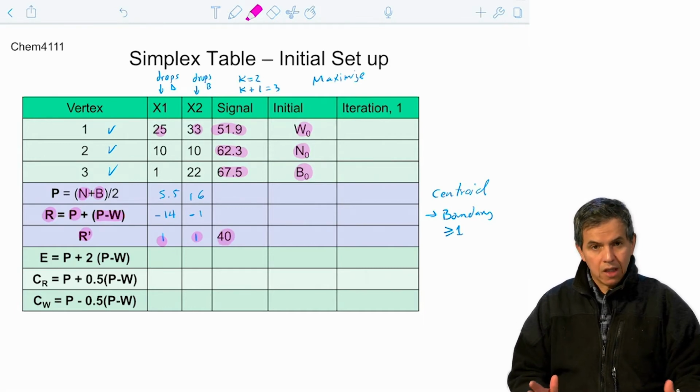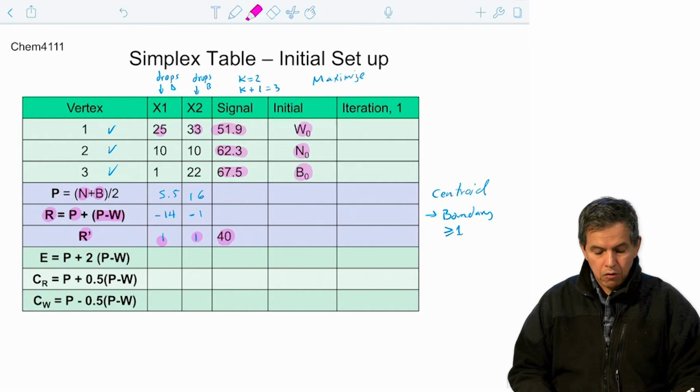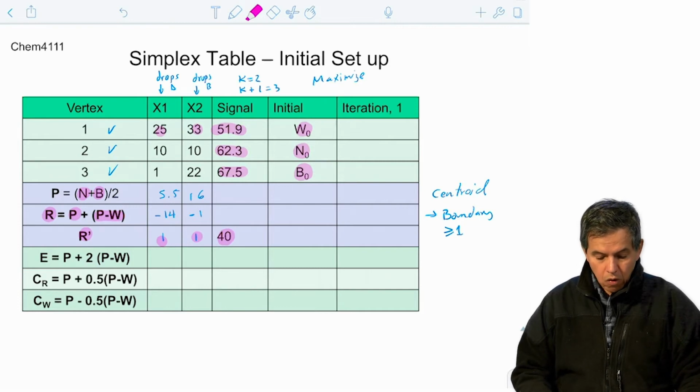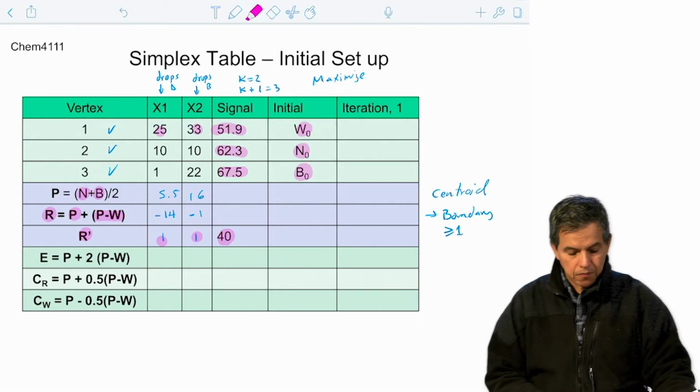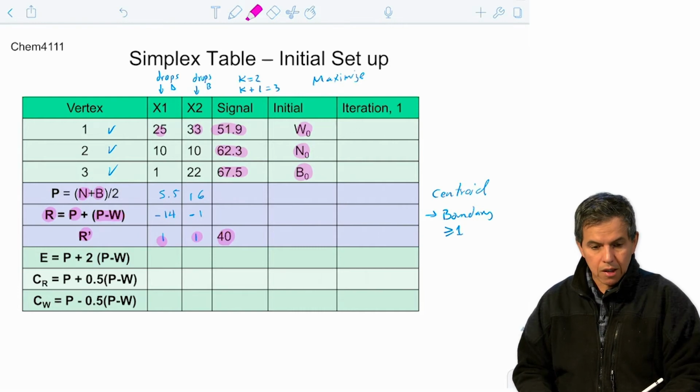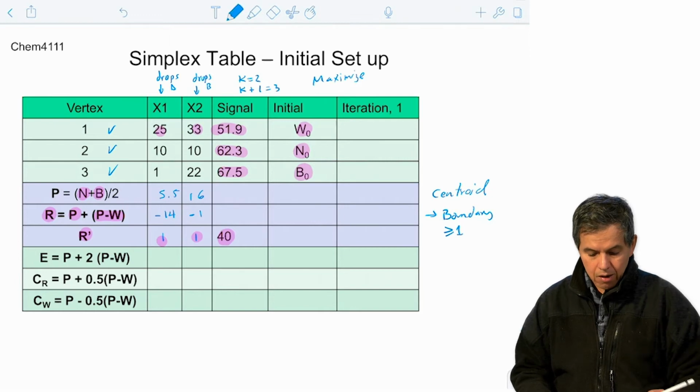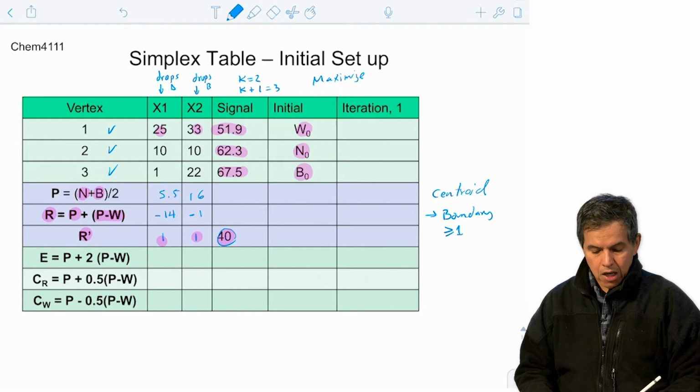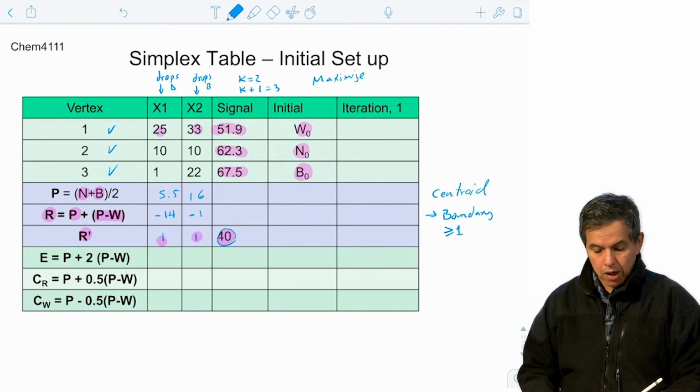So this is still part of the initial setup. What we need to do next is decide where our next measurement for the next iteration will be. Based on this particular situation, we will compare the measurement of R prime, which is 40, with the other ones, and we basically decide where it lies. What we can see here is that 40 is worse than any of the other measurements that we had.